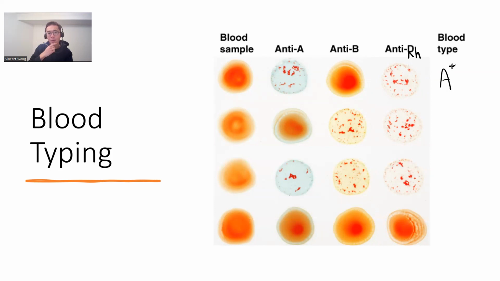Let's try that one more time. This is a second sample. No reaction with A, that means the sample does not contain A. Yes reaction with B, and yes reaction with RH. The sample is B positive.